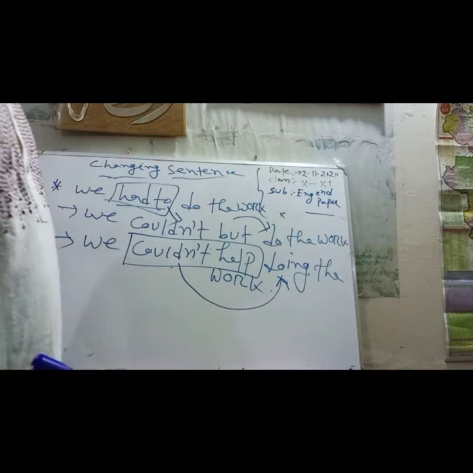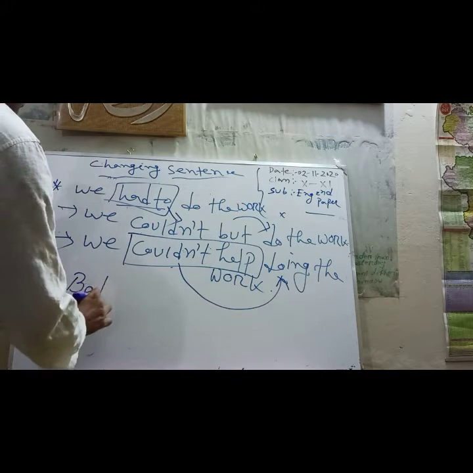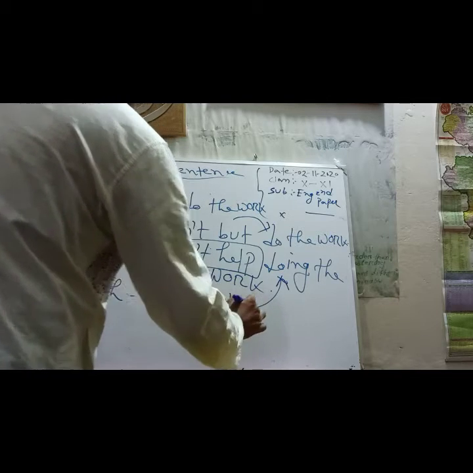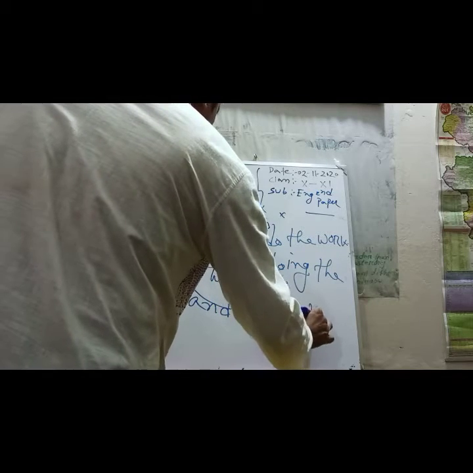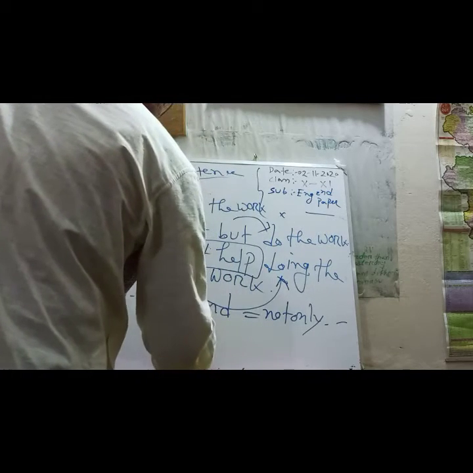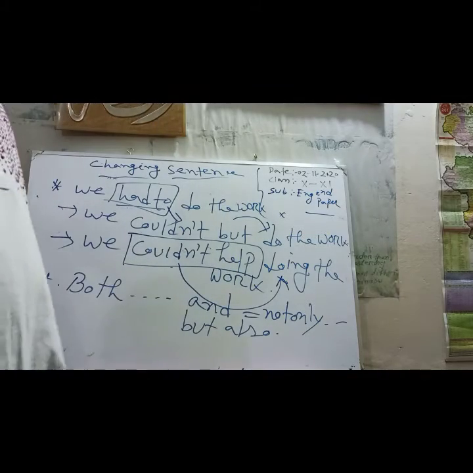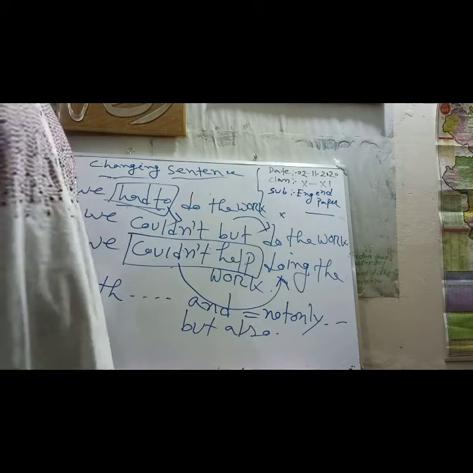Rule 2. Both, and: not only, but also. Instead of both and, we use not only but also.